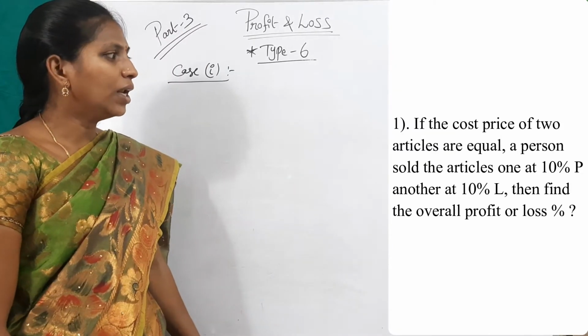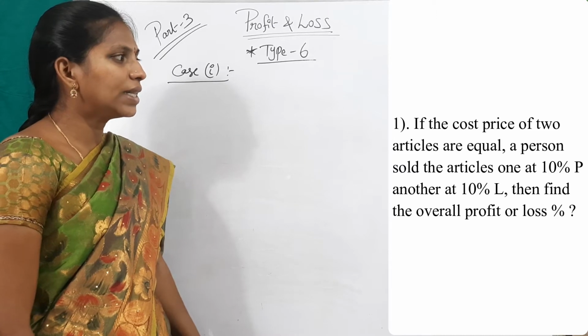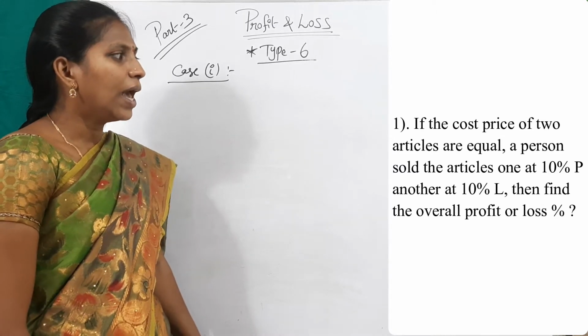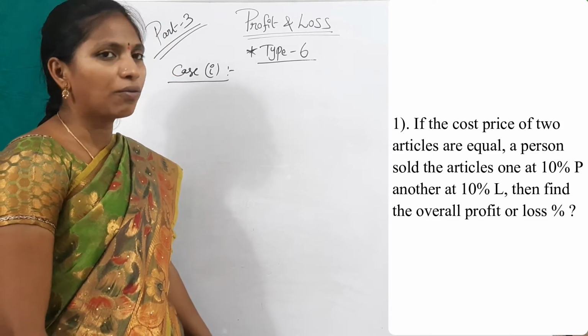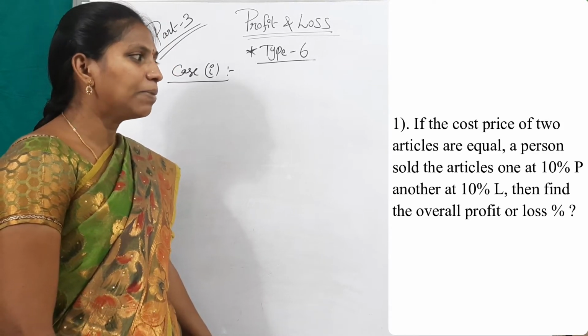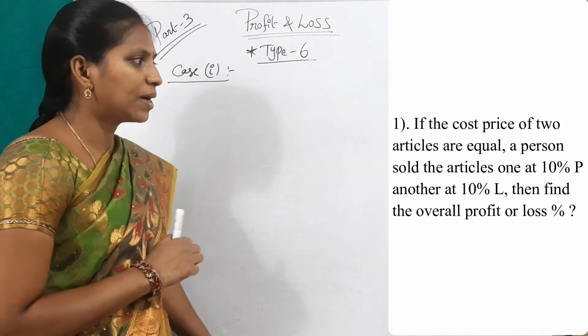Now see case 1, the first question. If the cost prices of 2 articles are equal, a person sold article 1 at 10% profit and another at 10% loss. Then find the overall profit or loss percentage.